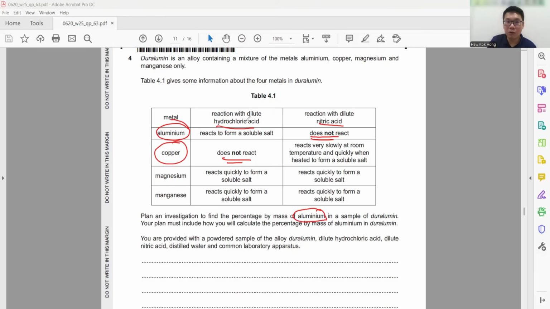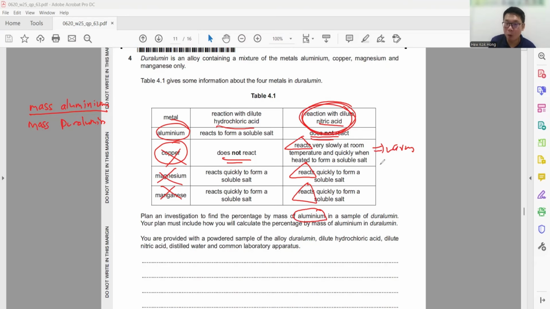So we know duralumin, we can find the mass. Then how to find the percentage, as long as we know how to get the mass of aluminium. So to get the aluminium, we need to let the others react with dilute nitric acid. And in this reaction, we add dilute nitric acid and we need to warm a bit, because if not, it reacts very slowly at room temperature with copper.